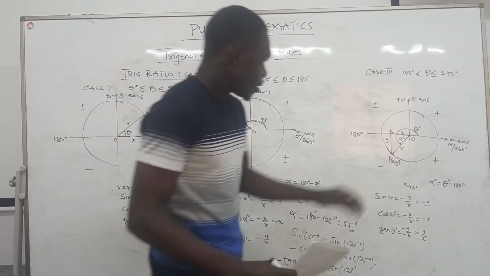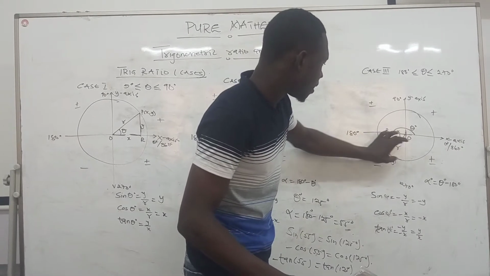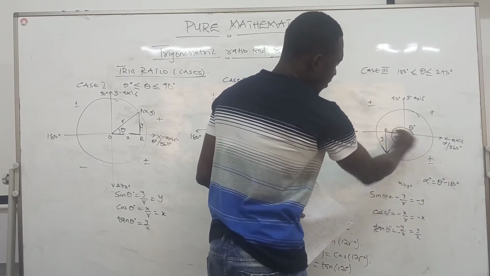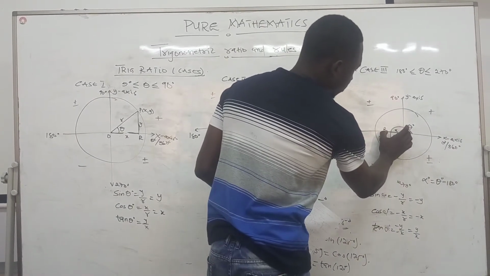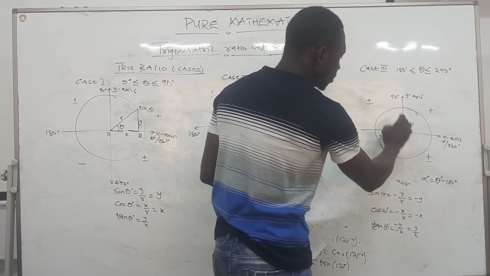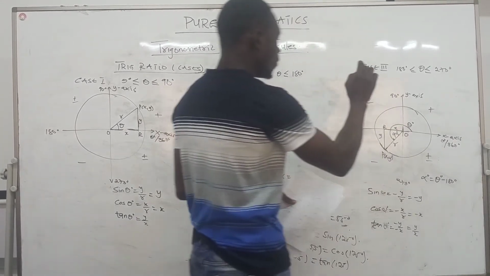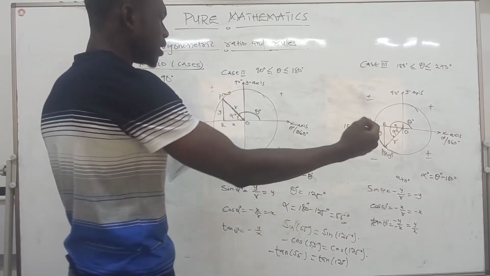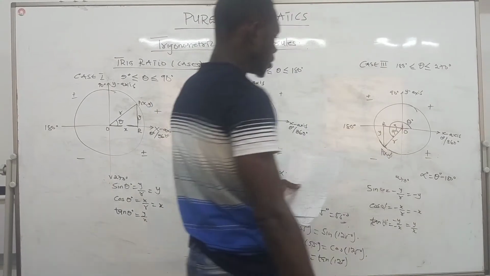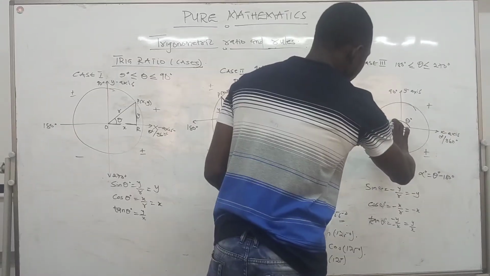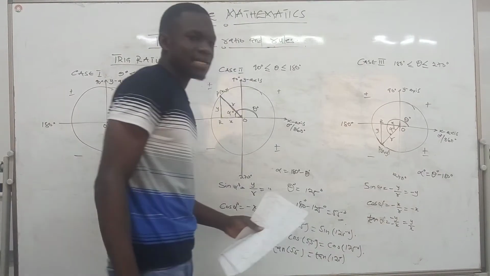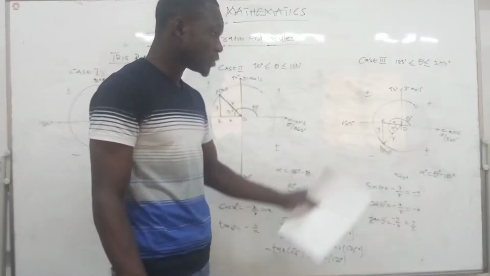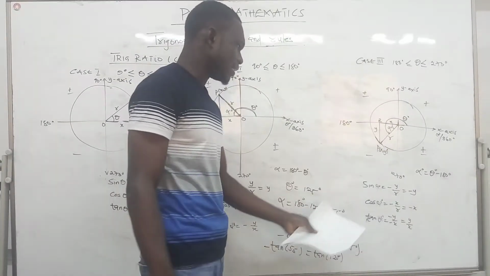But here is our right angle triangle forming. So we can see that our x is though a positive distance, but for the direction it is falling at the negative direction. In the same way, our y is also falling at the negative direction. The distance y may be positive, but the direction is negative.